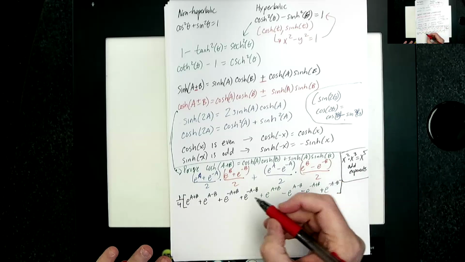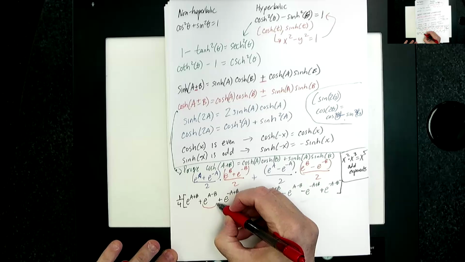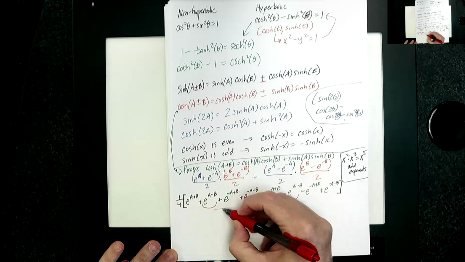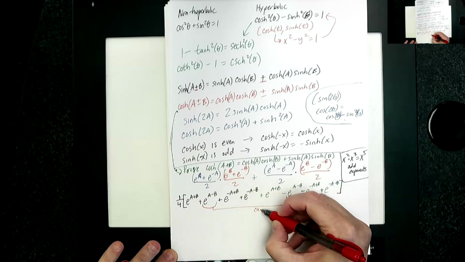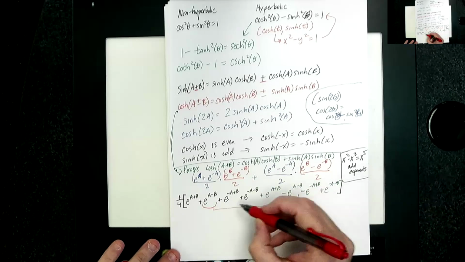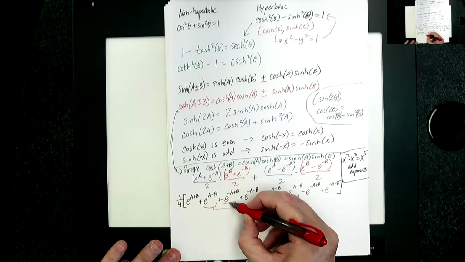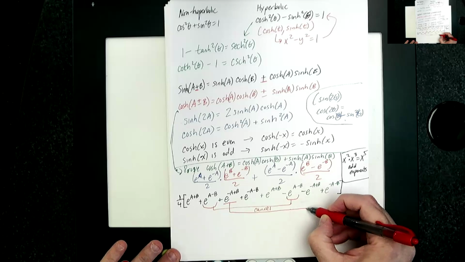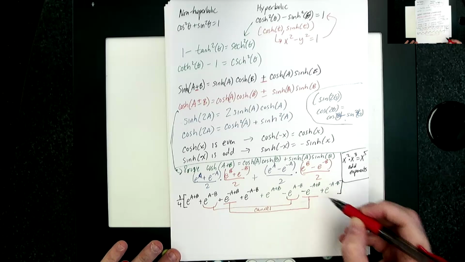Well, this is A minus B and this is A minus B and they cancel, as does the negative A plus B. That one cancels that one.